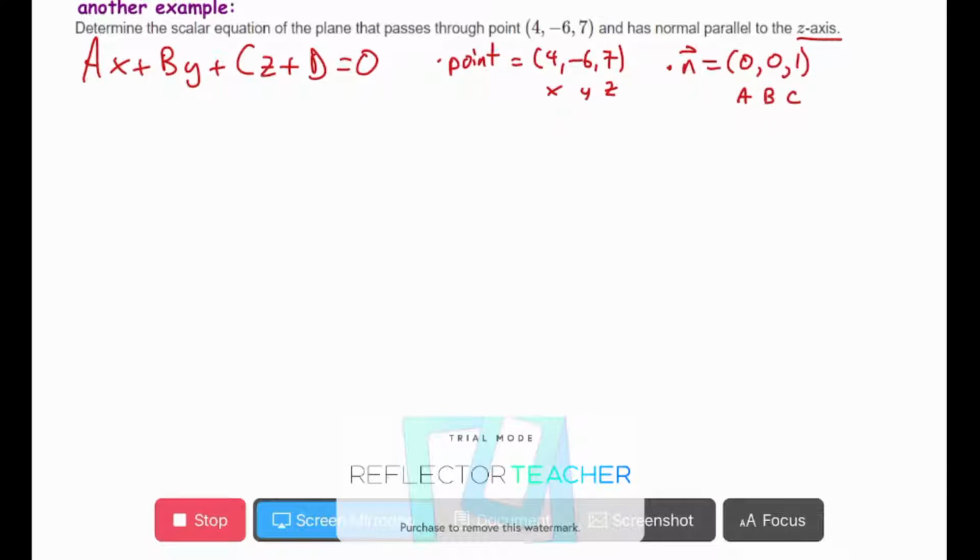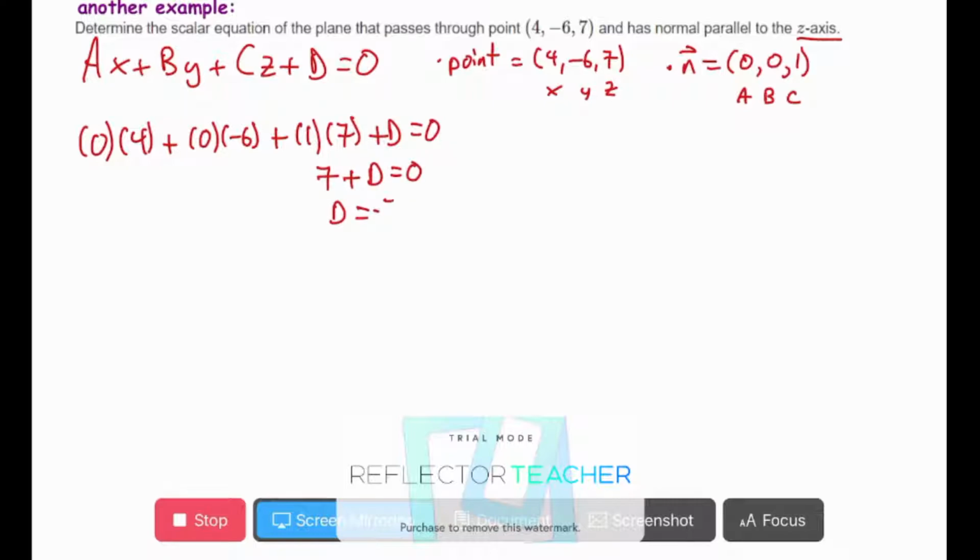Let's plug our values in. A is equal to 0, x is equal to 4, plus B is equal to 0, y is equal to -6, plus C is equal to 1, z is equal to 7, plus D equals 0. 7 plus D equals 0, D equals -7.